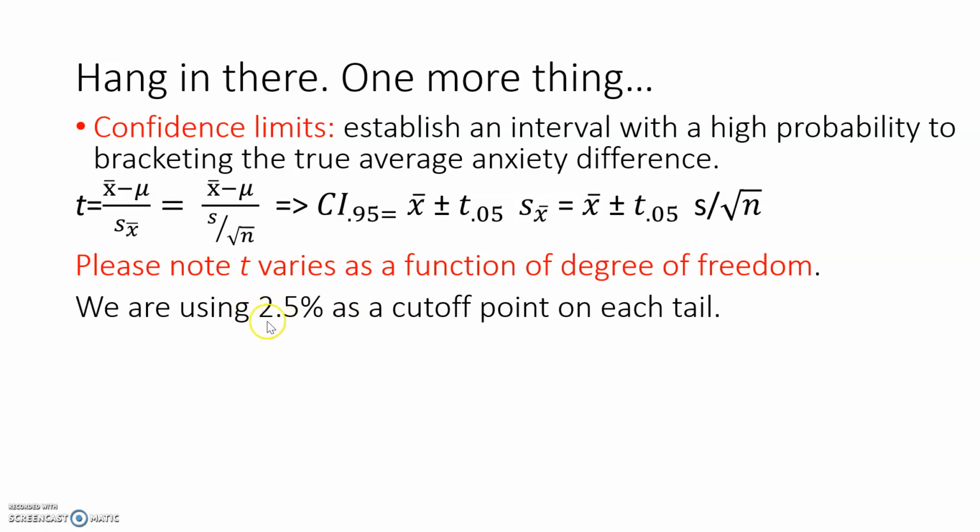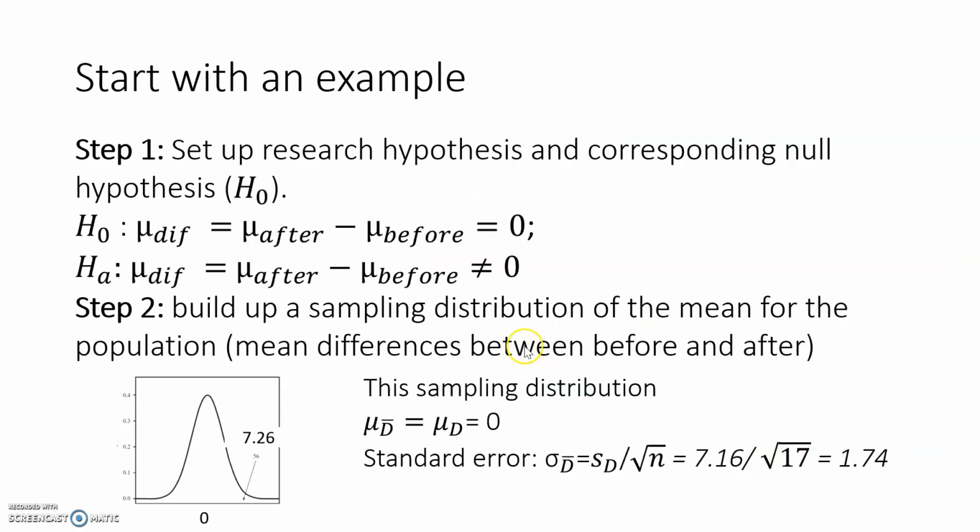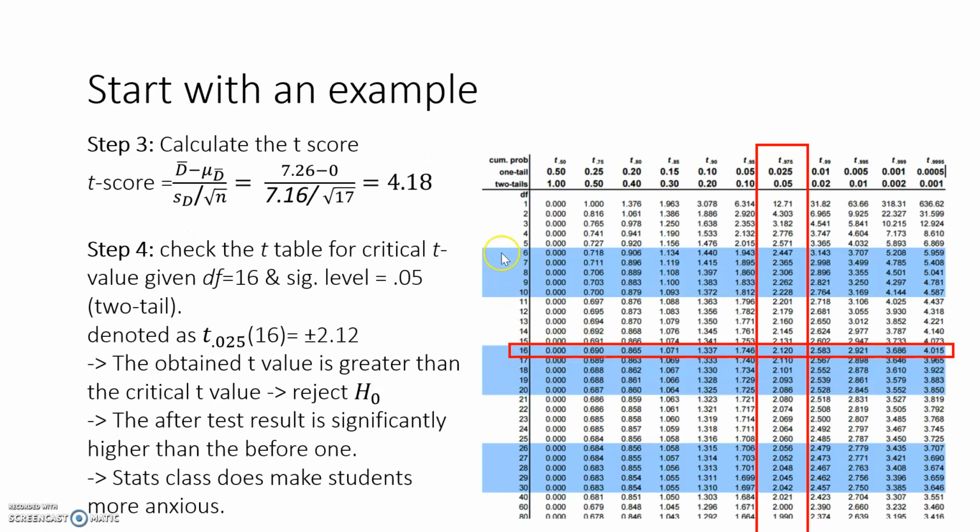And then we're going to use 2.5% as a cutoff point on each tail, which is actually the 95% significance level, the conventional one. And if we want to go back and check this t table, we want to find out the critical t value here with a significance level of 0.05 and degree of freedom of 16. So we got the critical t value 2.12.